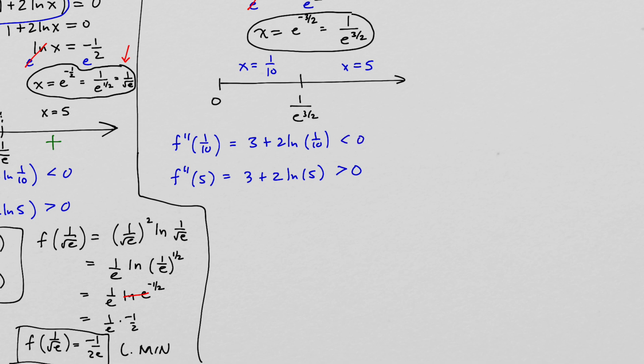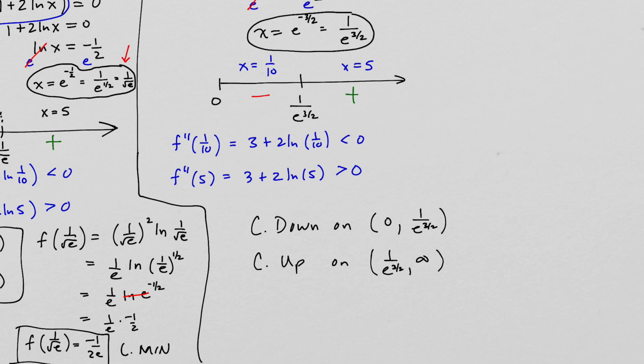So the second derivative is negative here. It is positive here. So that means it is concave down on the interval from 0 to 1 over e to the 3/2, and it is concave up on the interval from 1 over e to the 3/2 to infinity. And at this number, we have an inflection point.